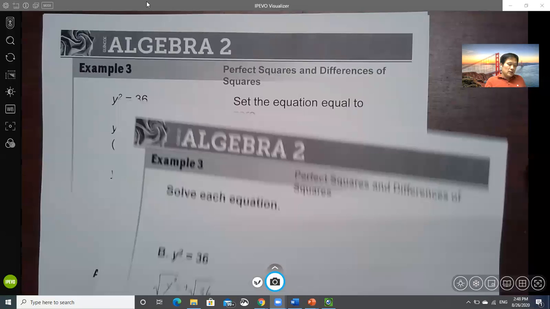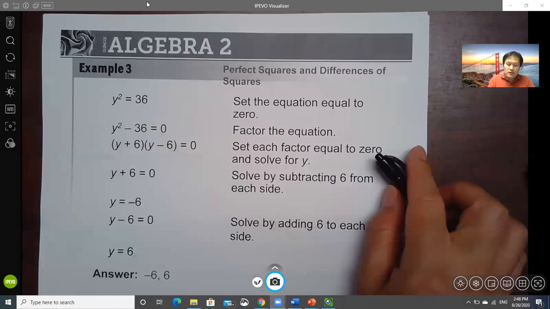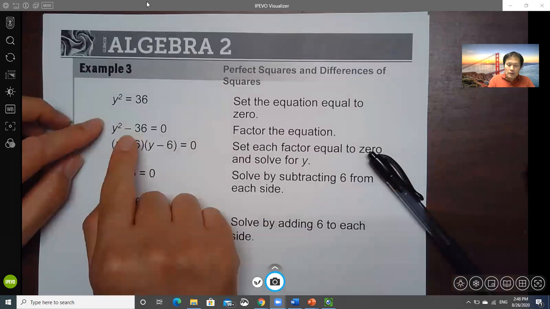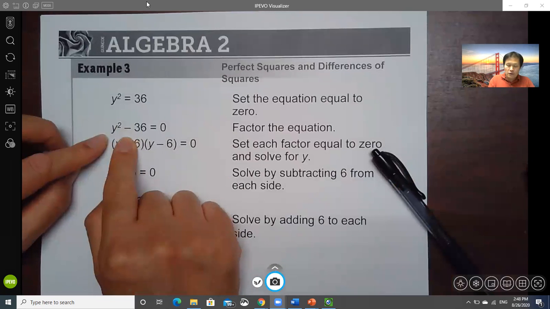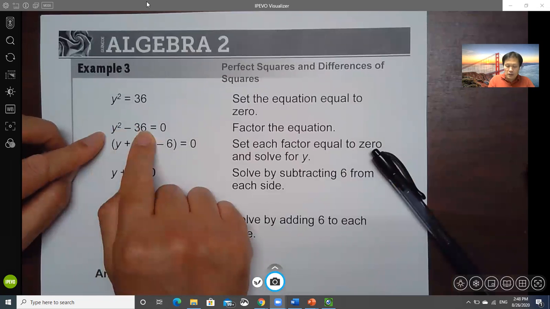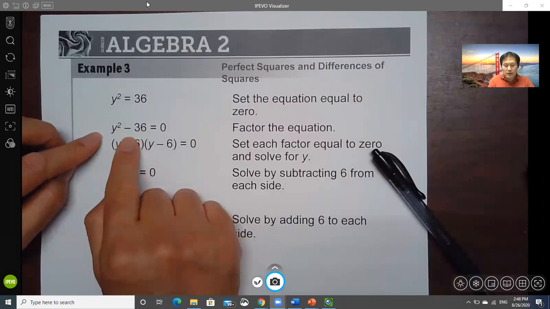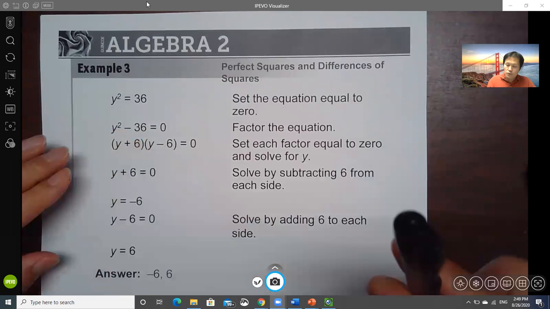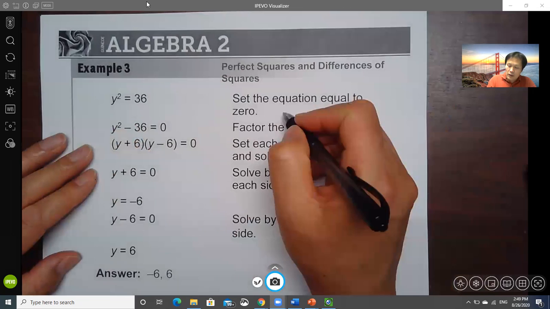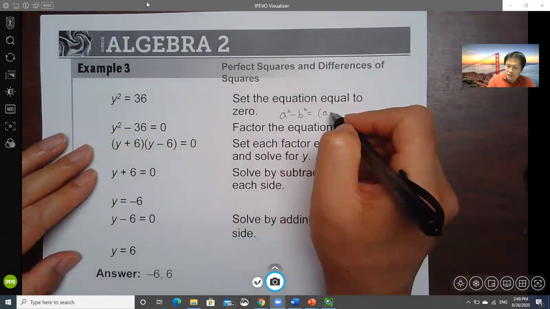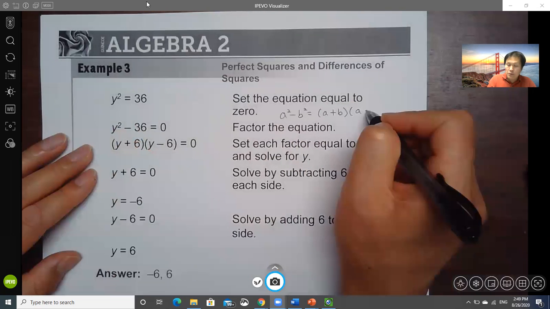Here's what they did. They subtracted 36 from both sides. Then they did the factoring from here. y squared minus 36. They can interpret that as y squared minus 6 squared. And they use the formula a squared minus b squared equal to a plus b parenthesis, a minus b parenthesis.